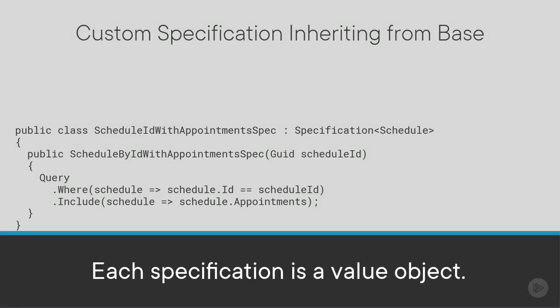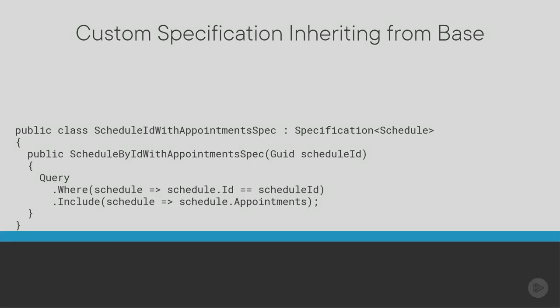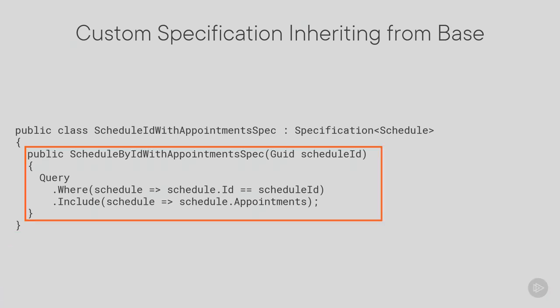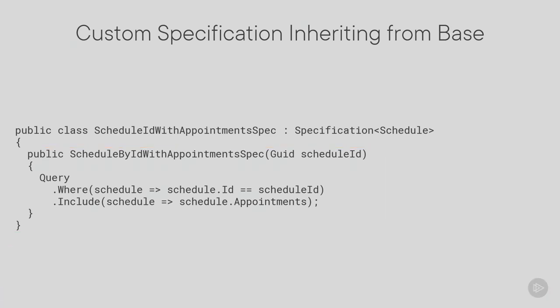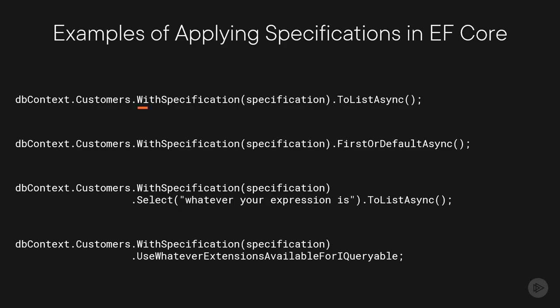Each specification class is a value object, so it should be immutable. Generally, they do all of their work in their constructor. Any variable part of the specification should be supplied as a constructor argument, and once constructed, the specification needs to be supplied to your query implementation. You can use specifications directly with EF Core, or you can use a repository abstraction that supports them.